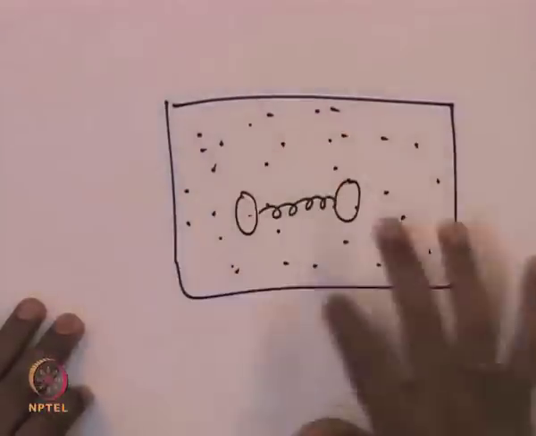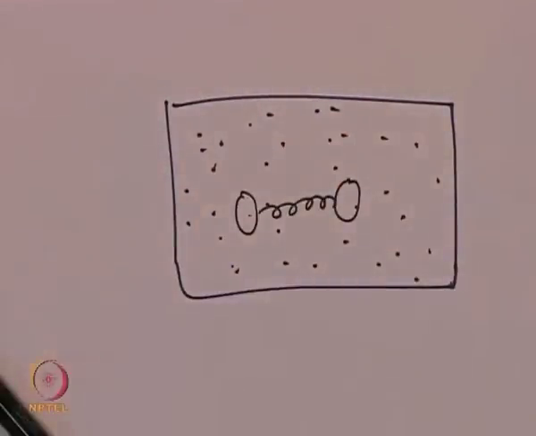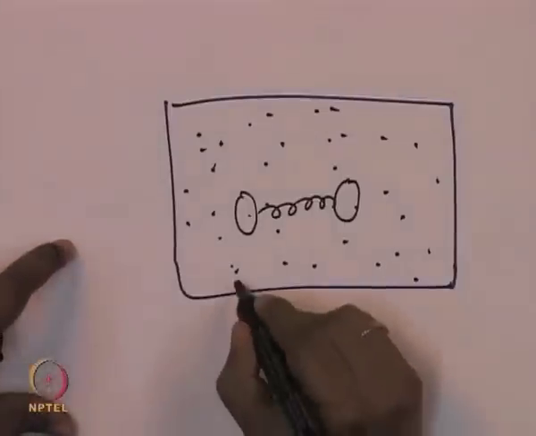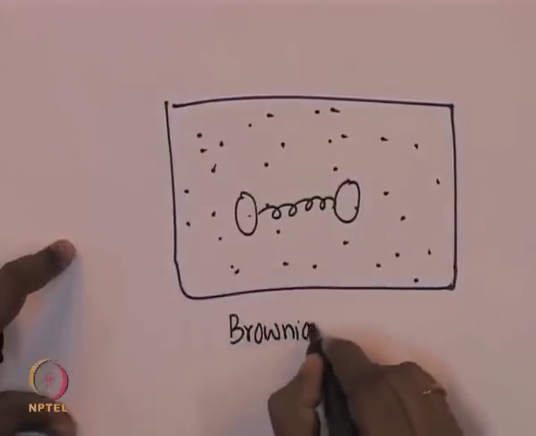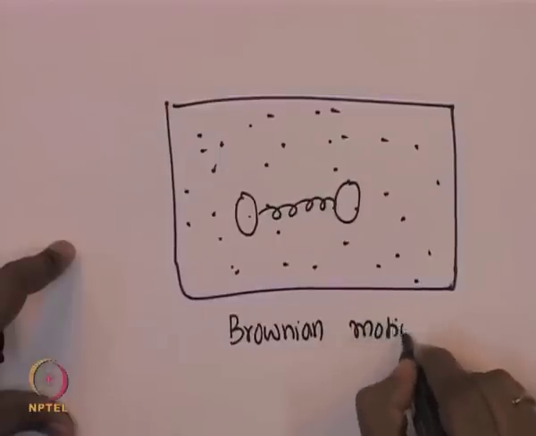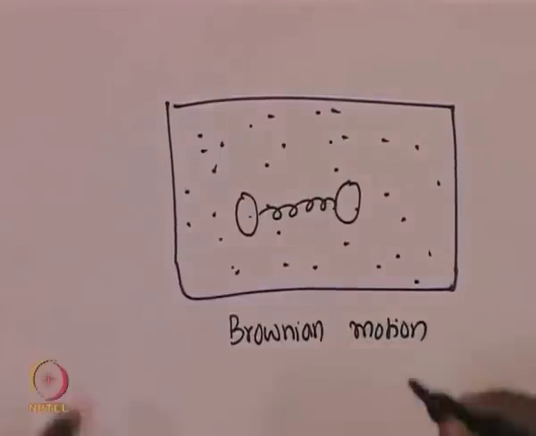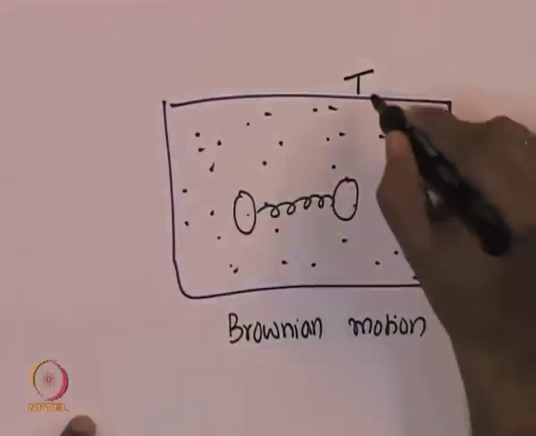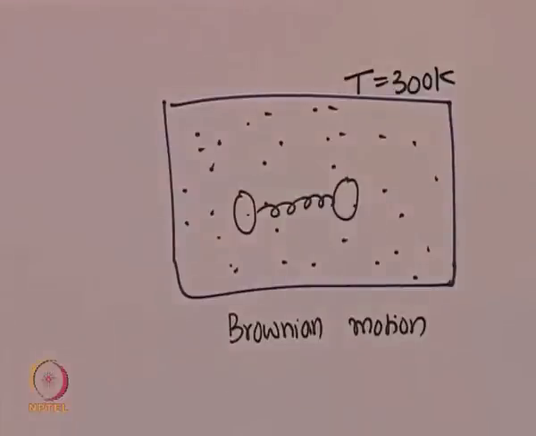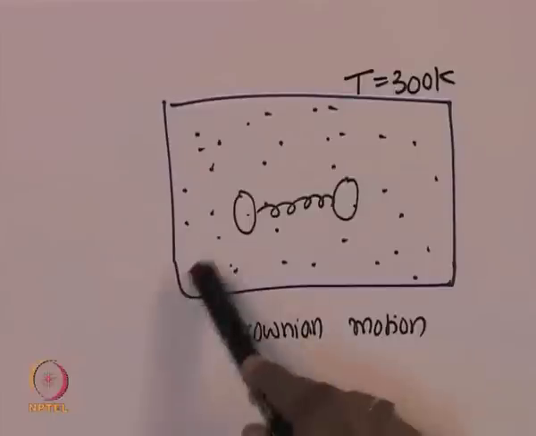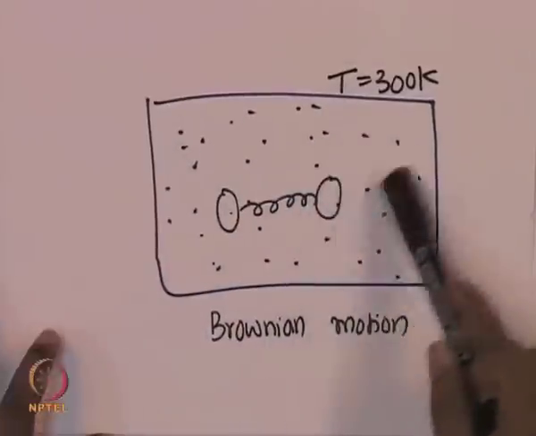Now, imagine there is water. These dots represent water, and all these water molecules do Brownian motion. Why do they do Brownian motion? Because they are all at some particular temperature T, which is typically around 300 Kelvin. At this temperature, all these water molecules do zigzag motion.